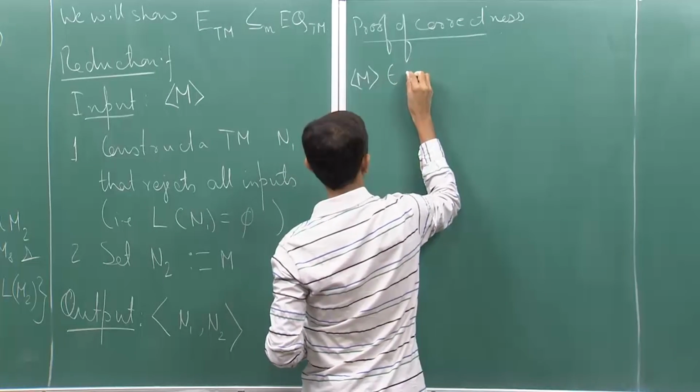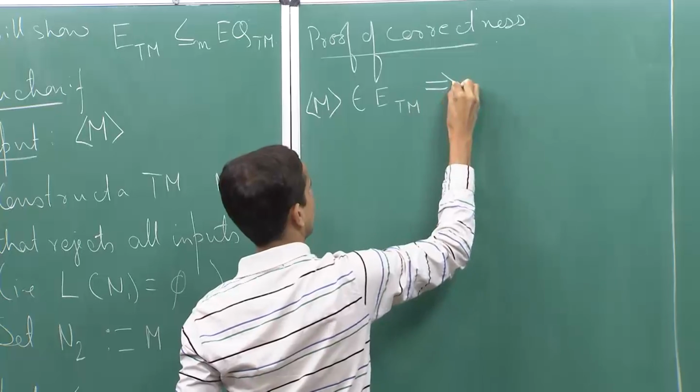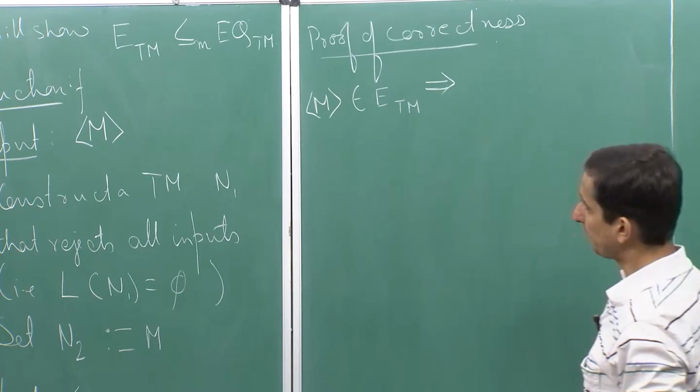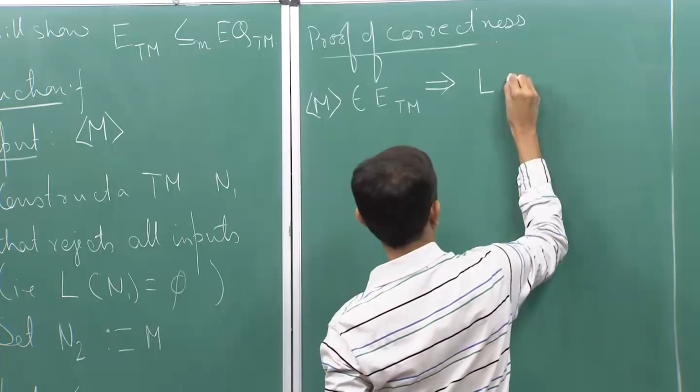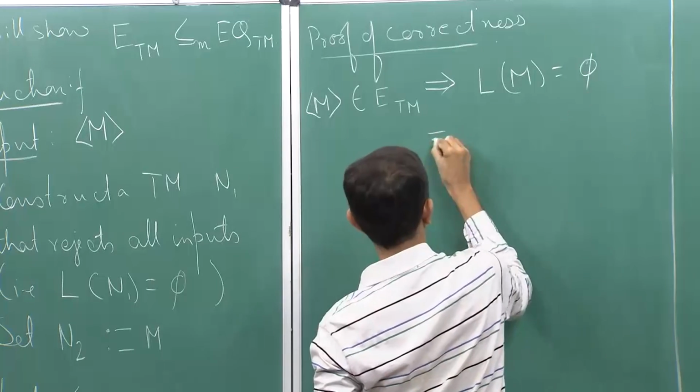Suppose the encoding of M belongs to ETM. What does this imply? This implies that the language of M is empty.